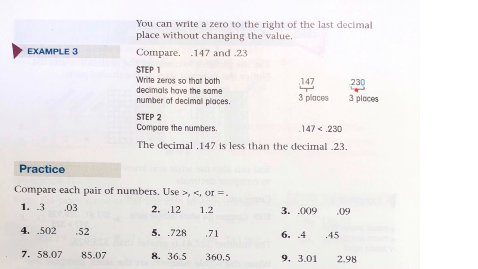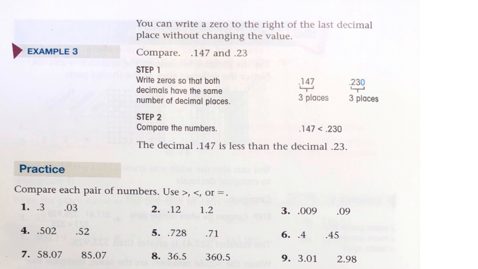Now we have 3 decimal places: 1, 2, 3. Step 2, we can compare the numbers. 147 thousandths is less than 230 thousandths. The decimal 147 thousandths is less than the decimal 23/100.